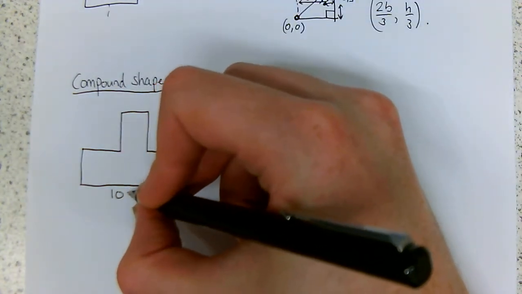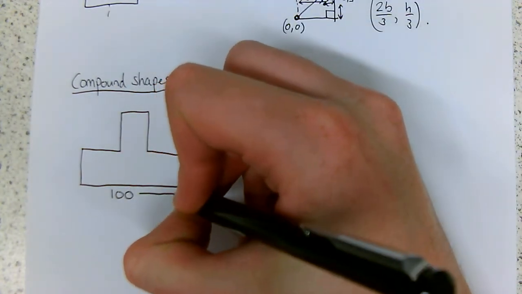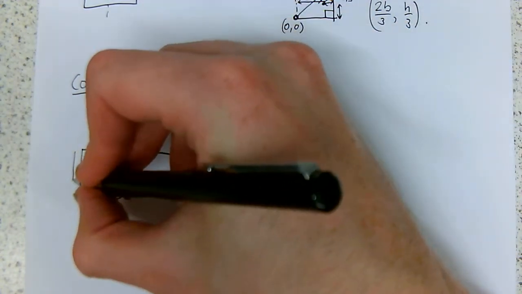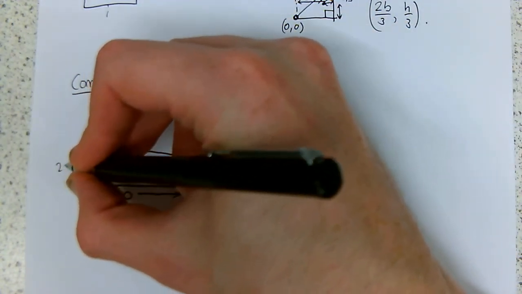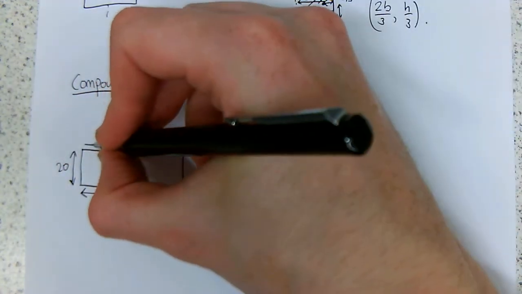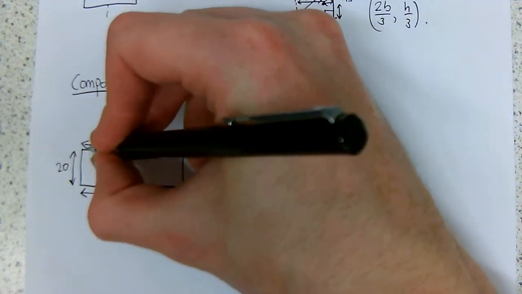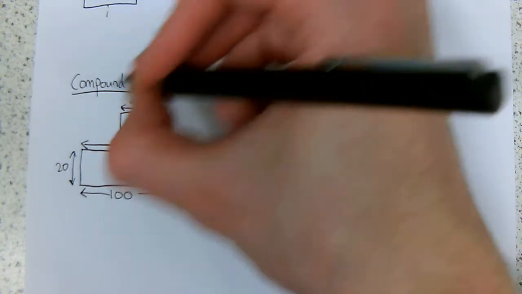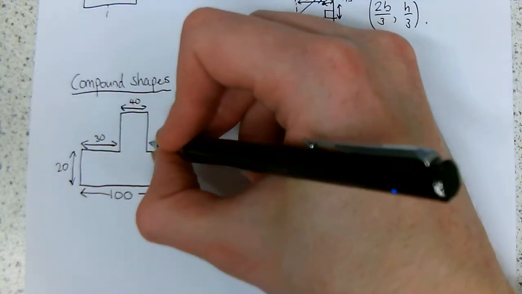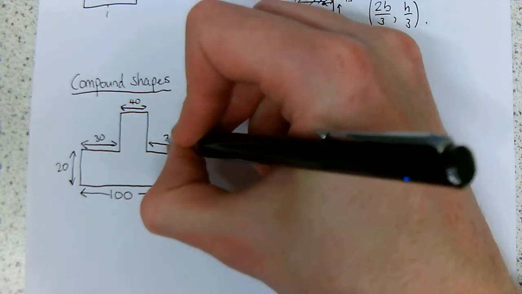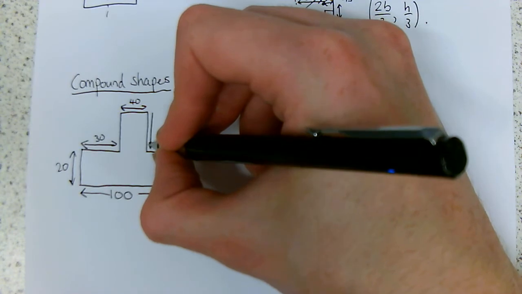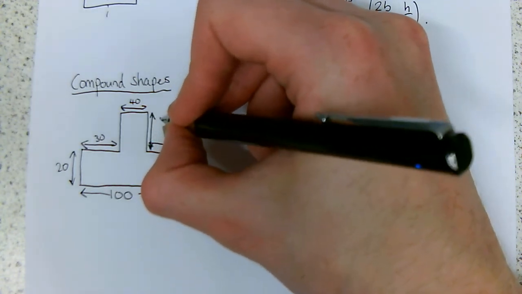This is going to have a base of 100 and a height in this direction of 20. We're going to have a width here of 40, which means this will be 30 and 30 respectively. The height of this last side we are going to make 60.